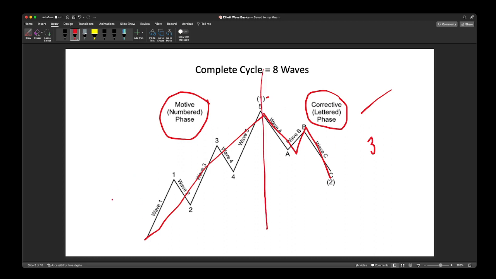This is split into with the trend, counter trend. With trend are motive waves, counter trend are corrective waves.